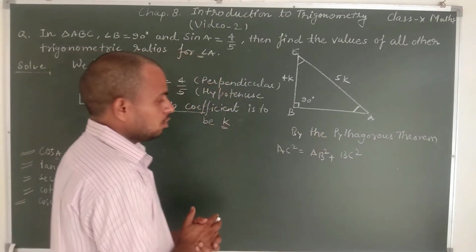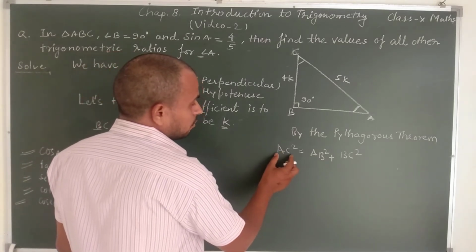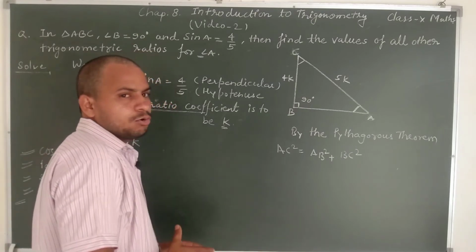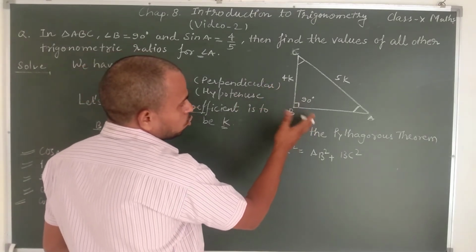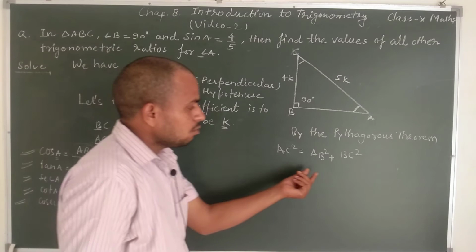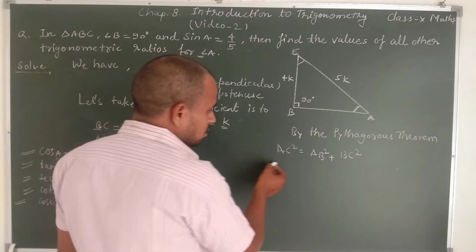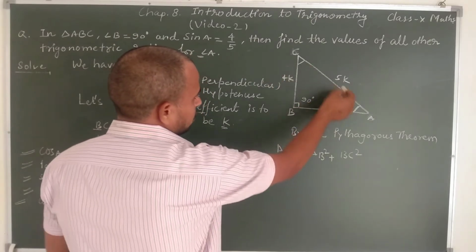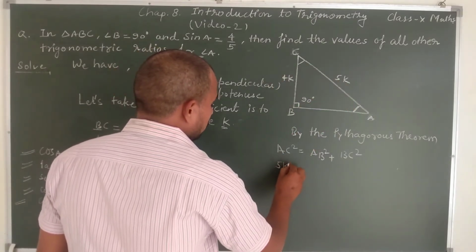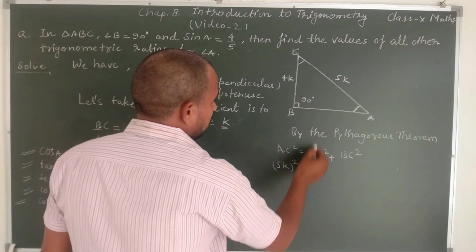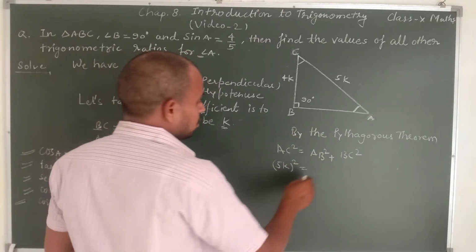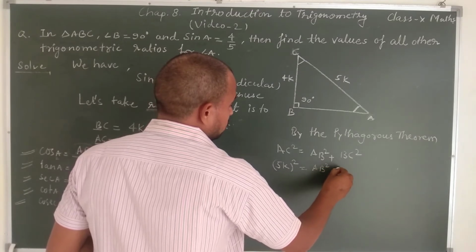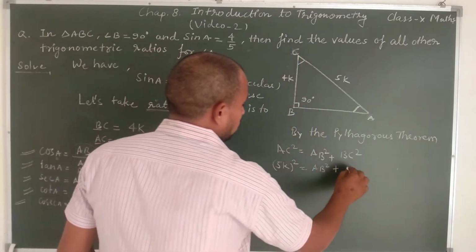So we have AC as 5k square, AB we have to find, and BC square is 4k square.